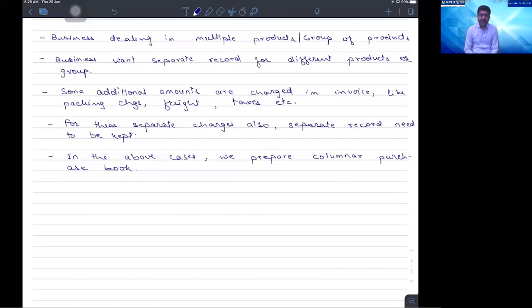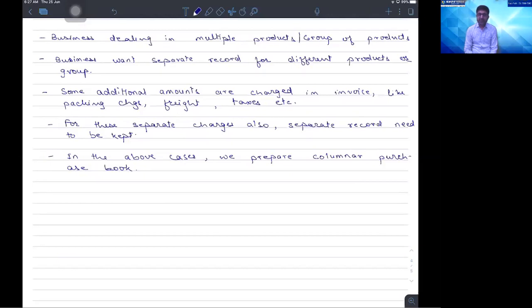In that case, I am not going to do the posting of the total of all these into a single purchase account. Which means what? Whenever we have prepared a columnar or an analytical purchase book, in such cases, we will not have a single purchase account, we'll have multiple purchase accounts.